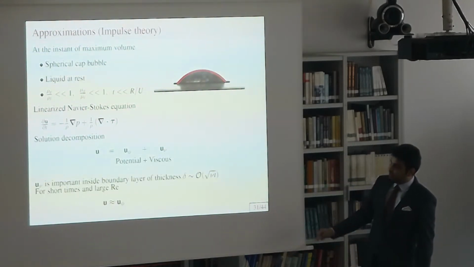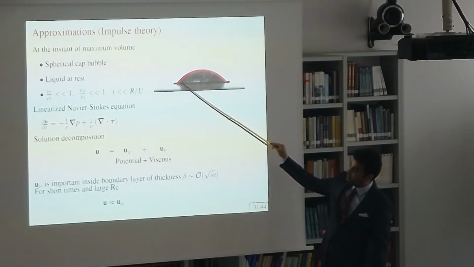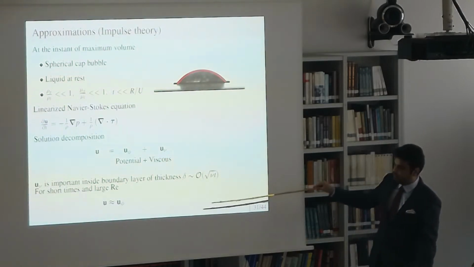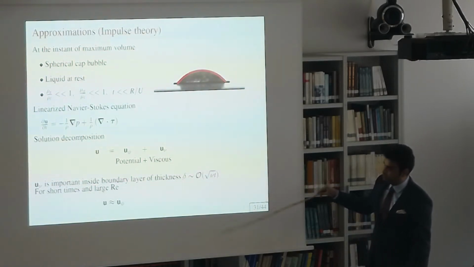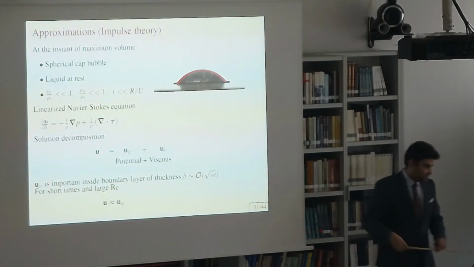The viscous part is important close to the solid boundary, inside the boundary layer, which grows with a thickness that scales with the square root of time.